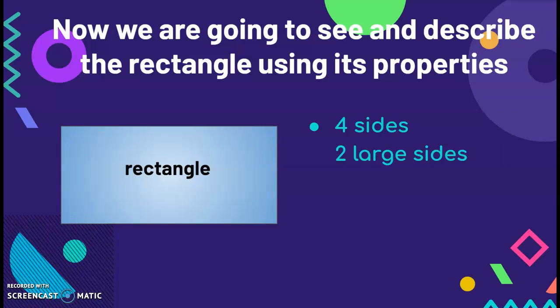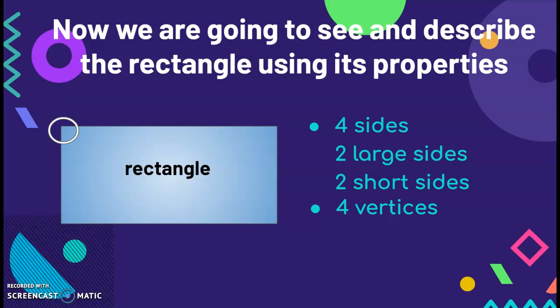It has 2 large sides. 1, 2, and it has 2 short sides. 1, 2. The rectangle has 4 vertices. 1, 2, 3, 4. And 4 angles. 1, 2, 3, 4.